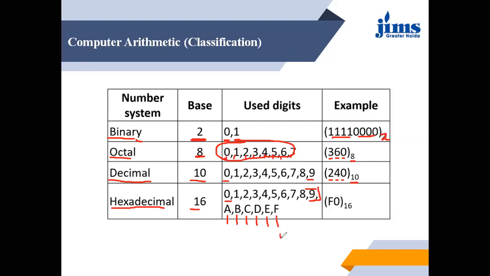Means total 16 digits in a hexadecimal number. We can represent a hexadecimal number using any of these. For example, F0 represents a hexadecimal number, and this 16 represents that the base of this is 16. It means it is a hexadecimal number.